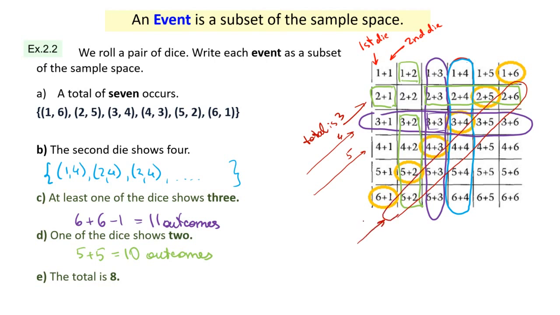On this diagonal, we have the total of 8, and we have 1, 2, 3, 4, 5 outcomes.